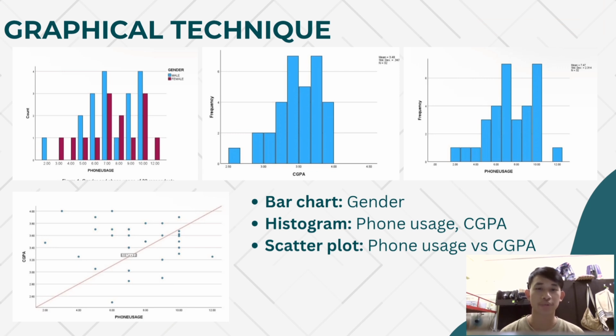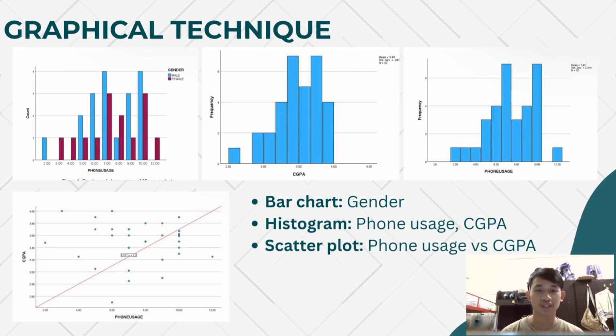Let's take a quick look at our variables. On this slide, we're showing how we use different charts to present our data. First, we have a bar chart that compares gender with phone usage. This helps us see how phone usage differs between genders. Next, there are two histograms. One shows the distribution of CGPA and the other shows the distribution of phone usage.